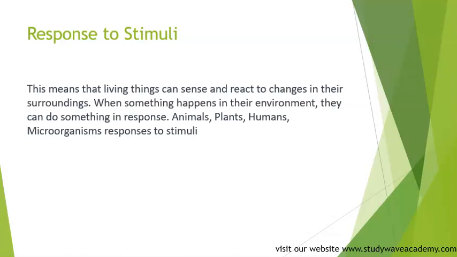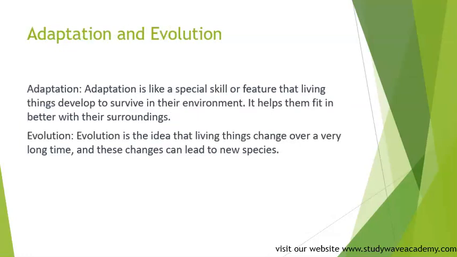What do we mean by adapting to their environment? Adaptation. Adaptation is like a special skill or feature that living things develop to survive in their environment. It helps them fit in better with their surroundings. For example, a chameleon can change its color, right?